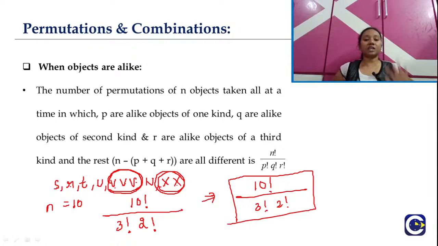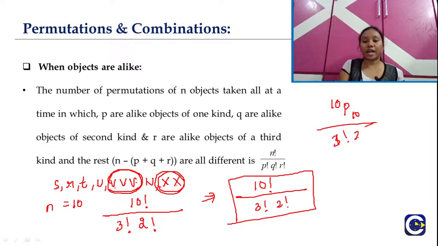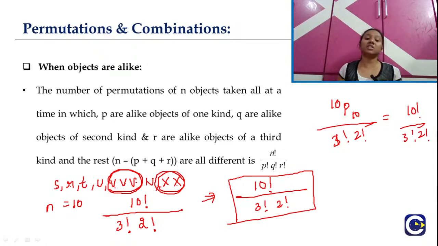And this is for repetition not allowed. Here repetition is not allowed, that's why it is 10P10 divided by 3 factorial and 2 factorial, which is 10 factorial by 3 factorial into 2 factorial. What happens if repetition is allowed?